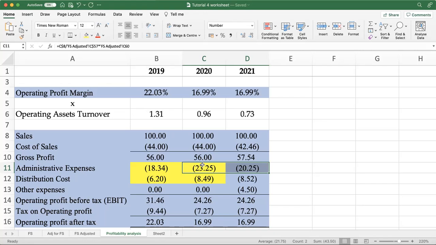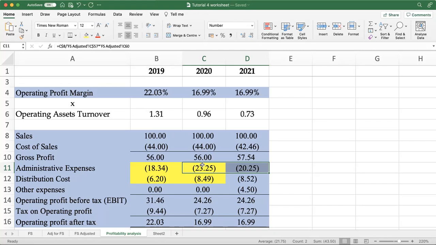Then you cannot move on to say this is favorable to the company. That's wrong. You have to see really what has happened.